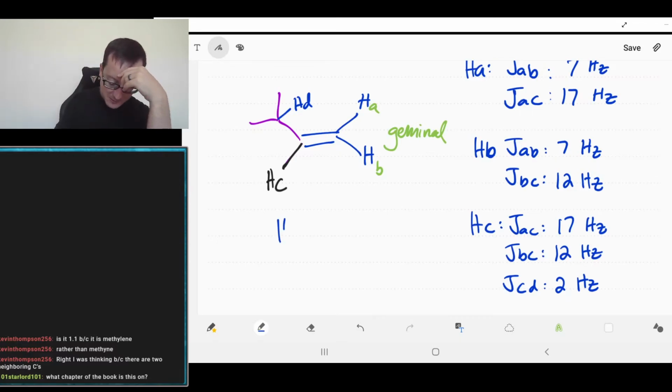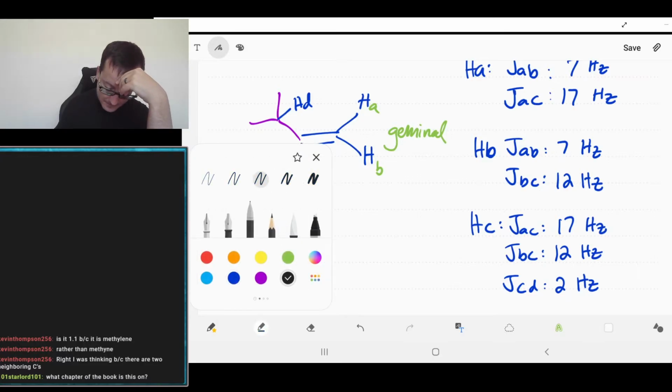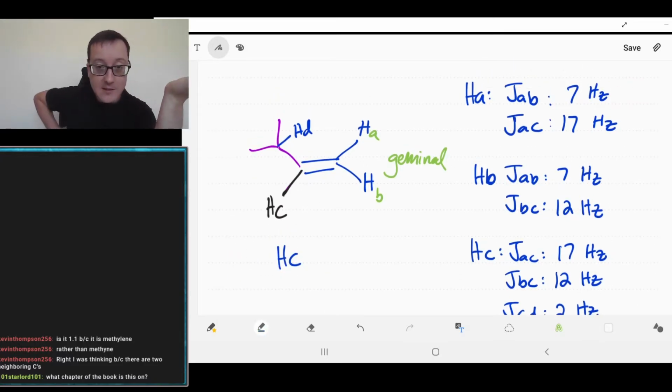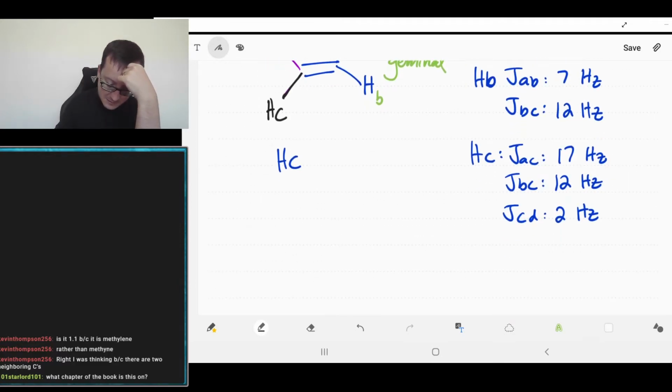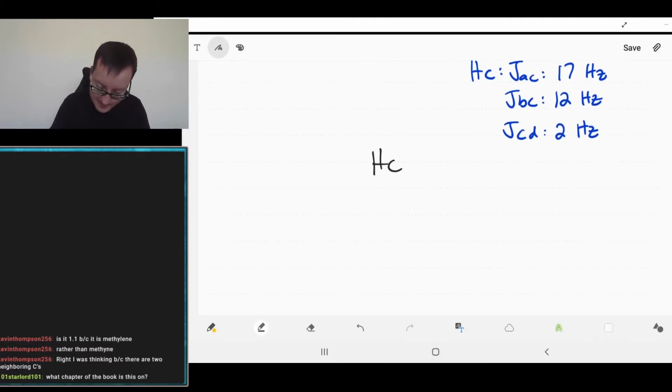Let's see what HC will look like, though. HA, HB, they're going to be just doublet of doublets. HB will be slightly closer together of a set of doublets than HA will be. But HC, that's an interesting one. So we have first split by 17. Okay, I'm going to totally run out of room there. All right, let's look at HC. First, we split by 17.